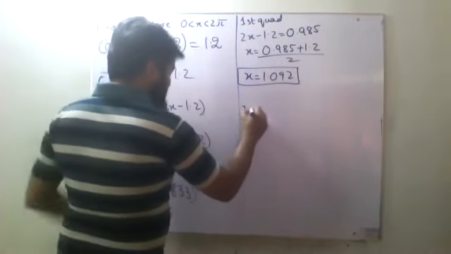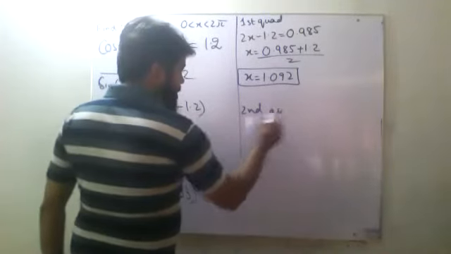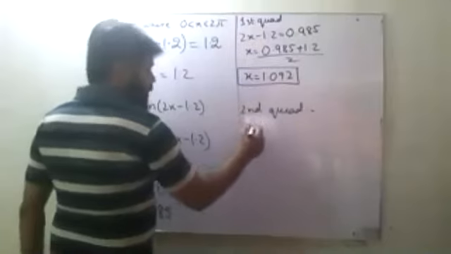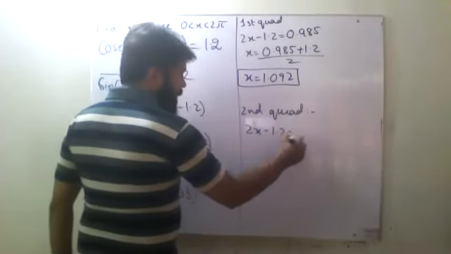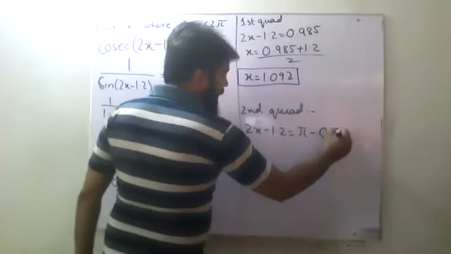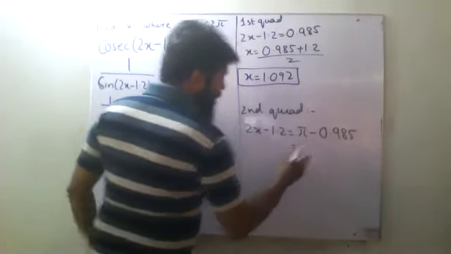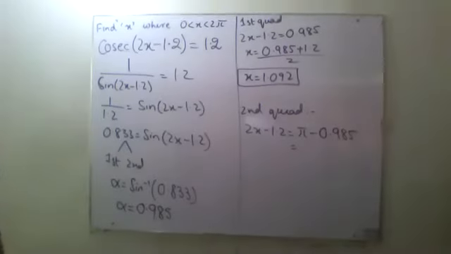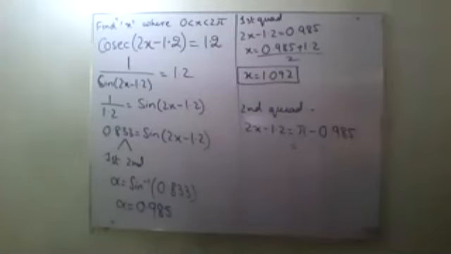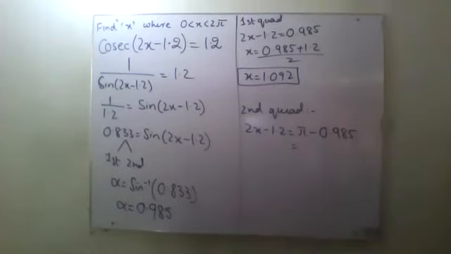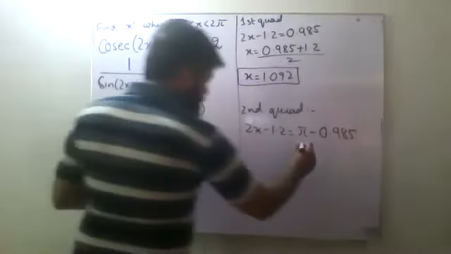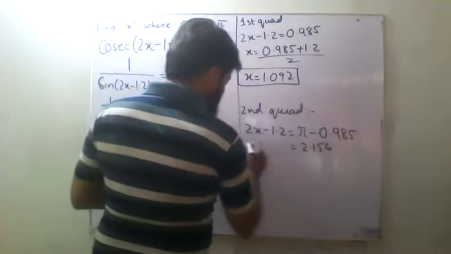Now, second quadrant. In the second quadrant, again 2x minus 1.2 equals pi minus 0.985, and it's coming 2.156.